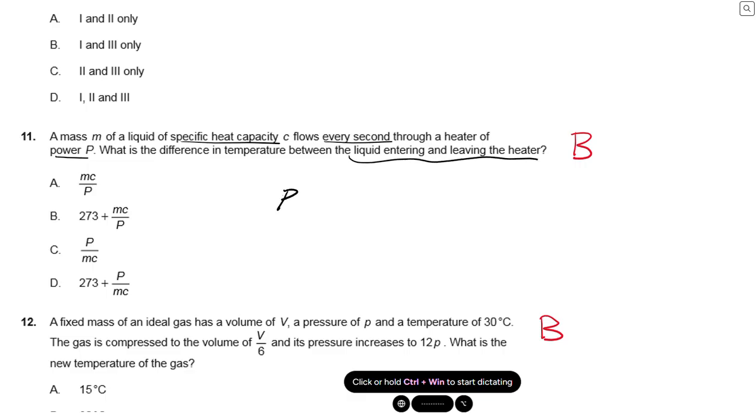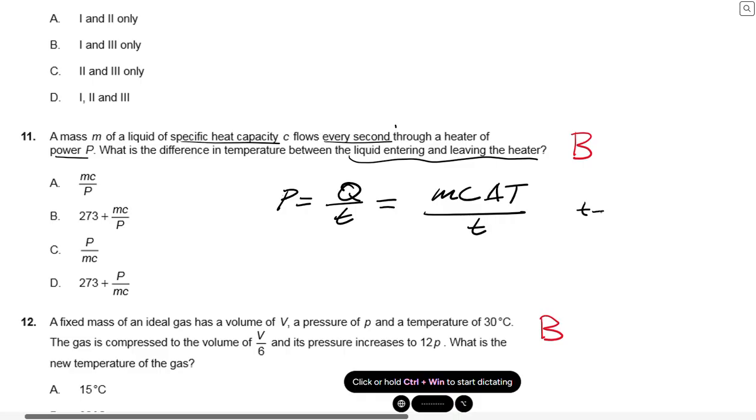So power is equal to energy divided by time, and we can write this as Q, and Q is MC delta T, where delta T is the difference in temperature between the liquid entering and leaving the heater, divided by our time. It says every second, so t is equal to 1, and we can cancel that out.